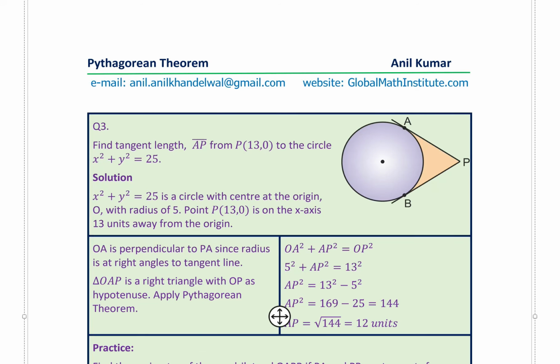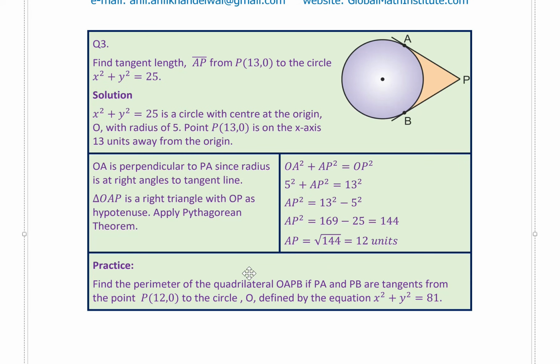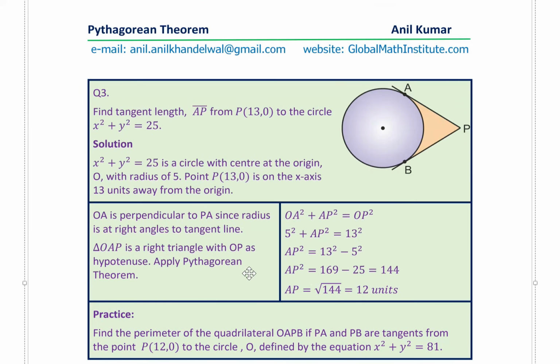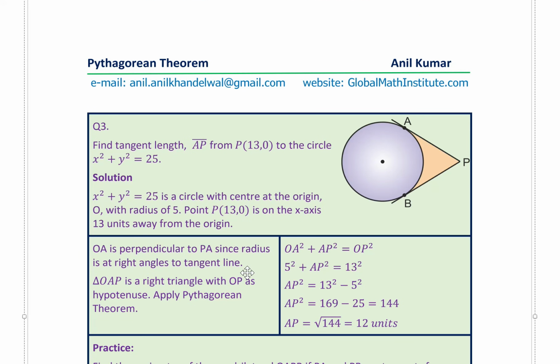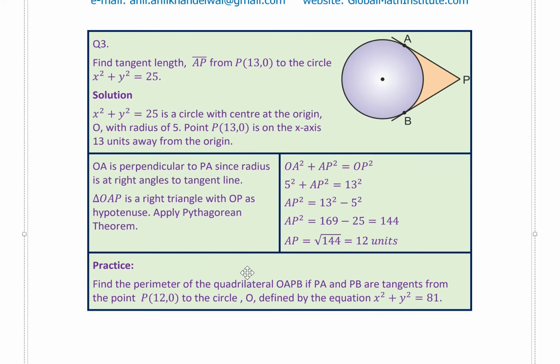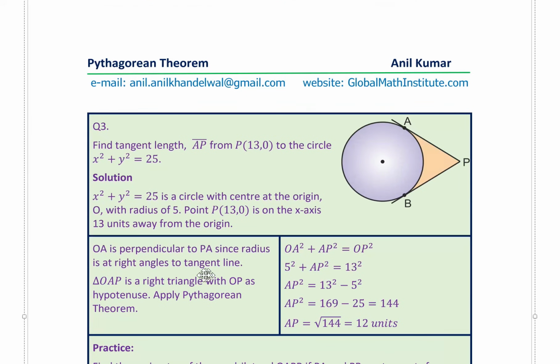Now the tangent question, which seems to be very difficult, let's look into this now. In this particular case, what we notice is that if I join point A with the center O, we do have a right angle, right?